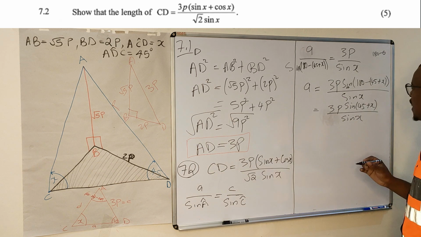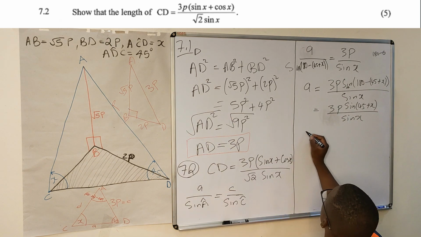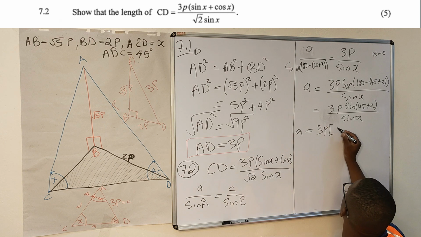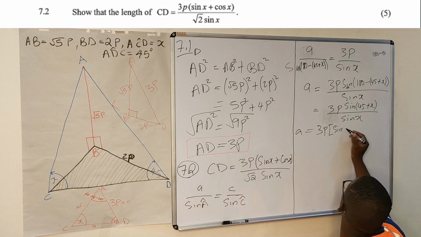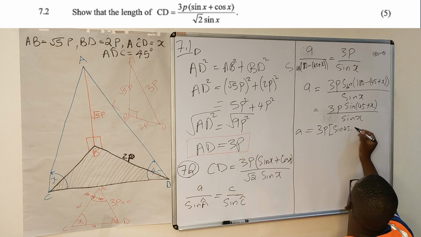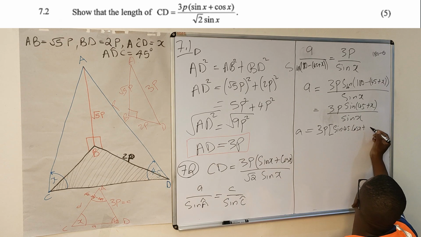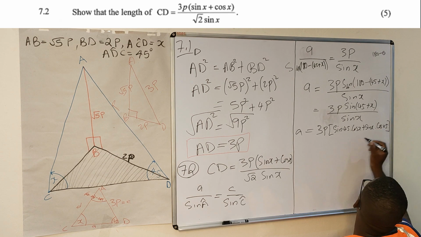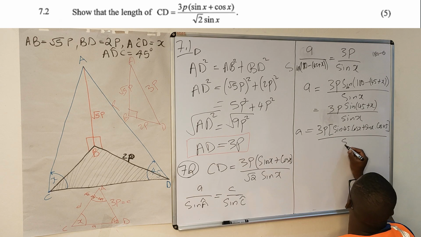So this is a compound angle identity. So you can say A is equal to 3p times sine 45 cos x plus sine x cos 45 all over sine x.